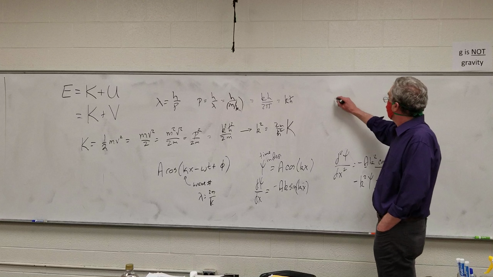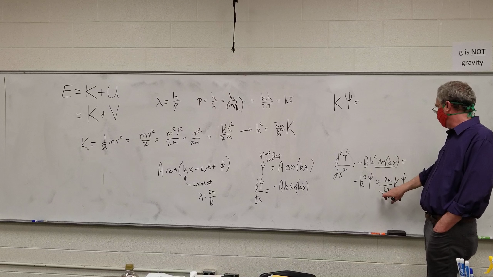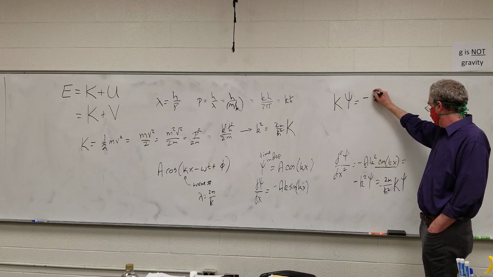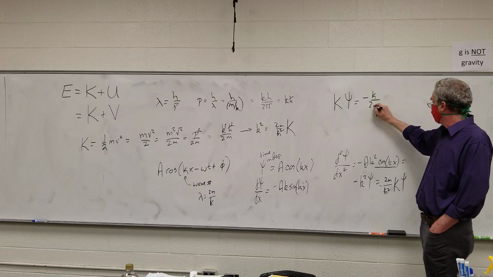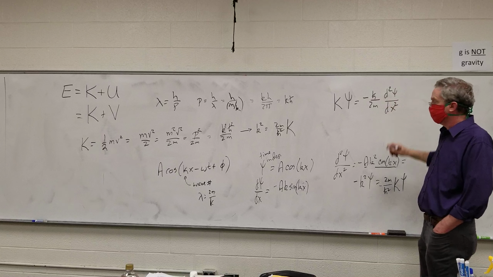Therefore, kinetic energy K times psi is equal to negative h bar squared over 2m times d squared psi dx squared.